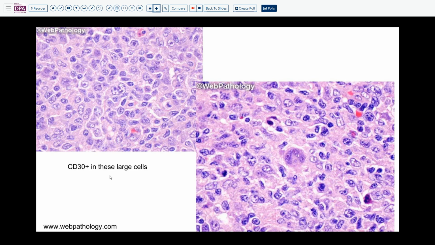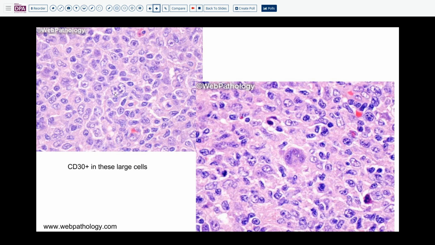For this staining, you're really thinking about Hodgkin, but you need to back up a little bit. As Sarah mentioned, for test purposes they may give you more staining. This cell is CD30 positive, but it is also CD20 positive, because this is the immunoblast phenotype. In Hodgkin we have weak PAX5, and this cell should have strong expression of PAX5.